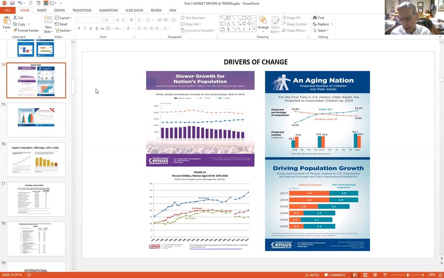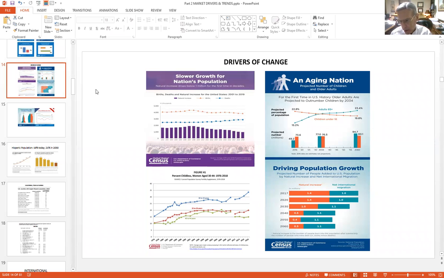And I should mention that the purple bars represent natural increases in population, the difference between birth and death. That's not the actual difference, though, because we have immigration to deal with.